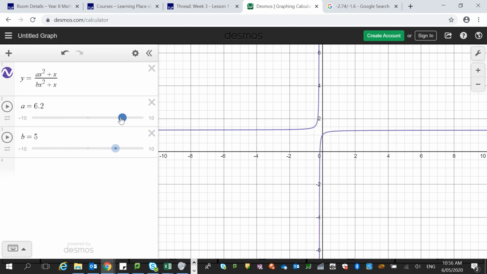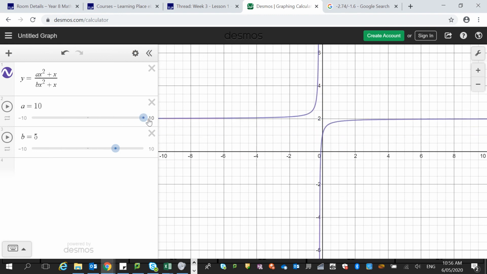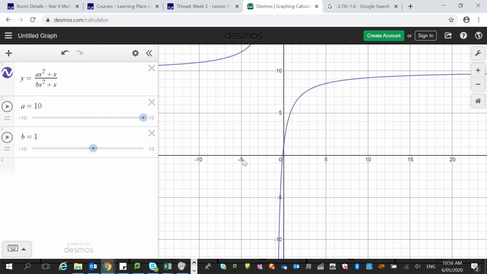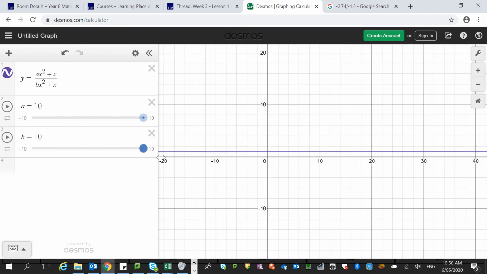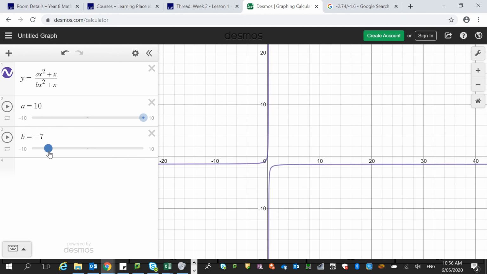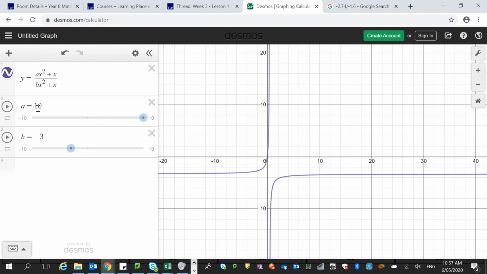Let's make A 10. 10 divided by 5 is 2. 10 divided by 1 is 10. 10 divided by 10 is 1. 10 divided by negative 7 is 10 over negative 7, that'd be about negative 1.4. And 10 divided by 3 would be 3.333.